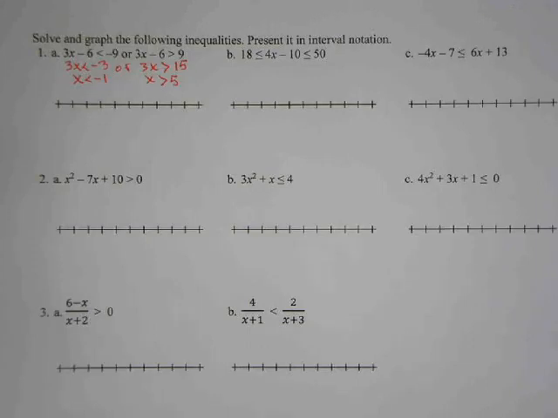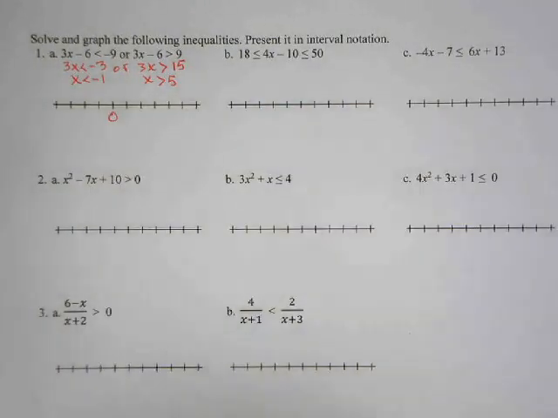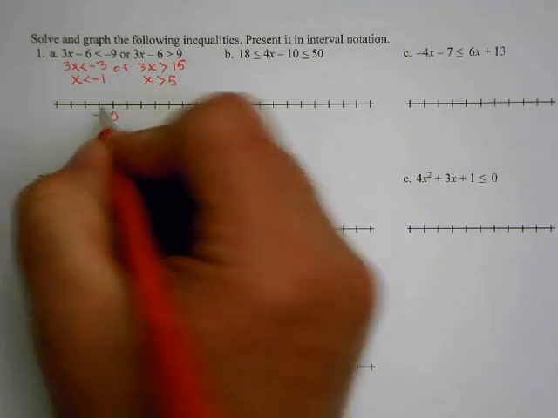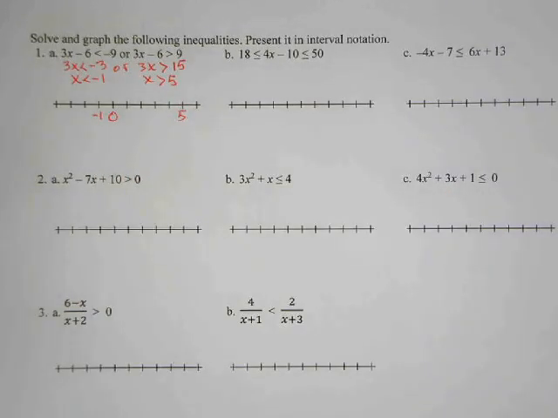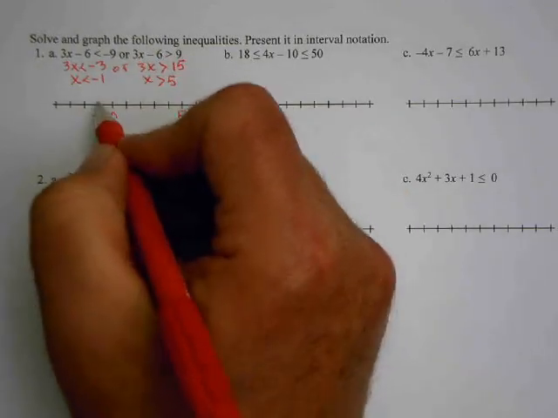All right, now the main thing is I have no numbers, so I pick somewhere appropriate. Okay, there's 0. And so that means that has to be negative 1, and 1, 2, 3, 4, 5, that has to be where the 5 goes. I have no lines underneath, so I will use parentheses.